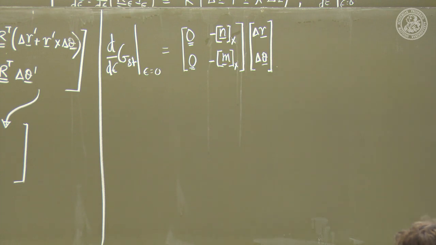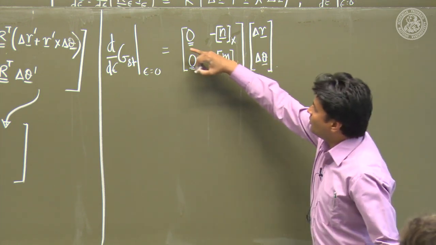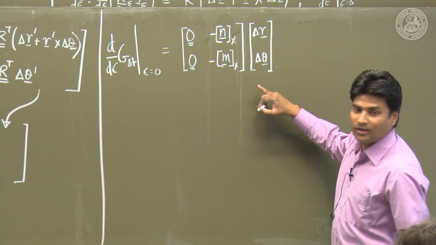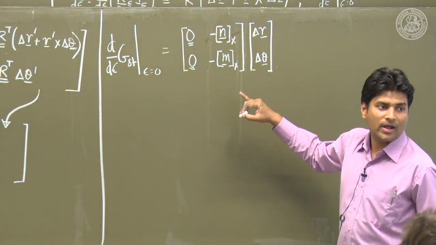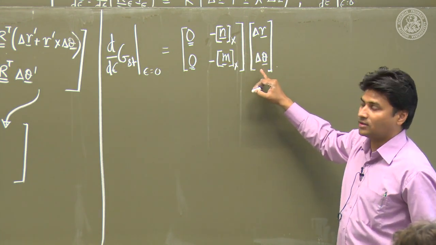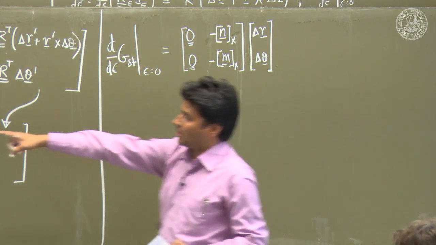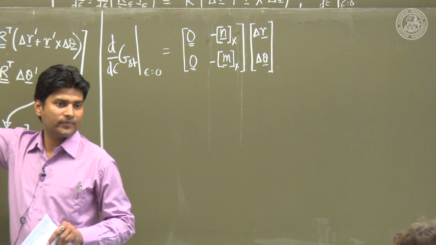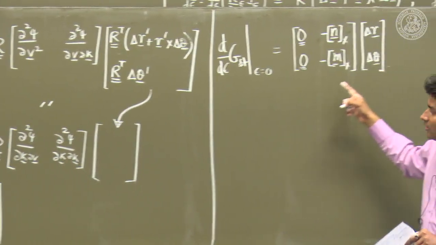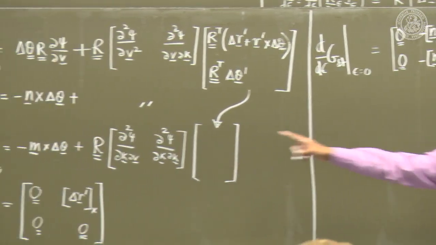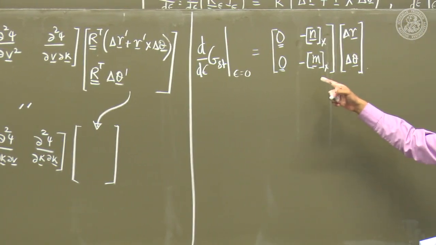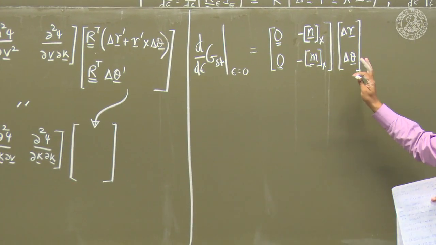Can you write that? See, when you work out this times this, it gives you minus n cross delta theta, isn't it? And that's what you have, minus n cross delta theta. And the second term is minus m cross delta theta. So that's the first term.